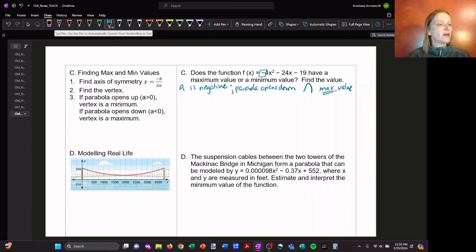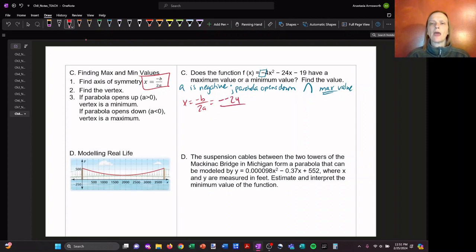And now that I know I have a max value, I can use my formula x equals negative b divided by 2a to calculate the information that I need about the vertex. So my negative b would be negative 24, and my 2a is 2 times negative 4. So I end up with positive 24 divided by negative 8, which is negative 3 as my x value. And I take that x value and plug it back into the original equation.